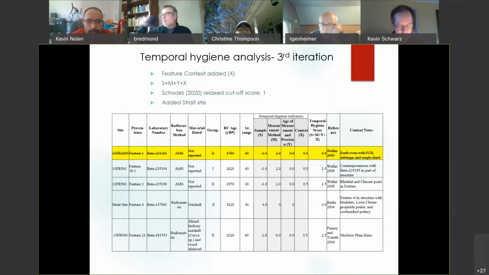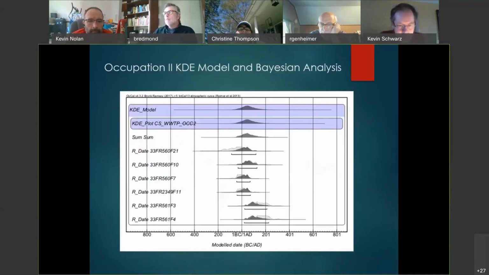If I can have the next slide, I want to show you a little bit about the Bayesian analysis. You can see the KDE model up there. And if you look at the dark gray on the individual radiocarbon dates, those are the portions of the probability distributions that are being kept, because those are the central tendency areas.